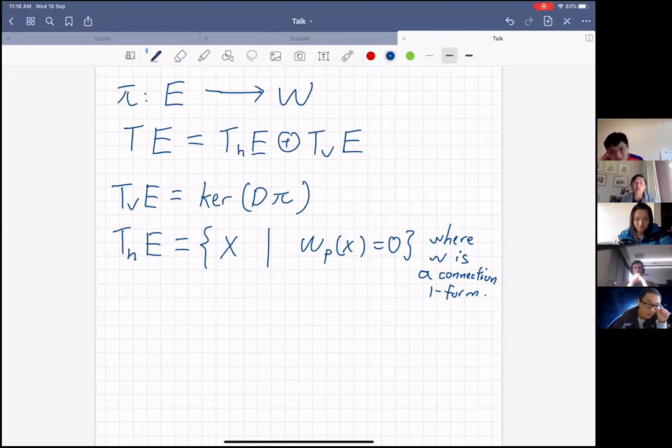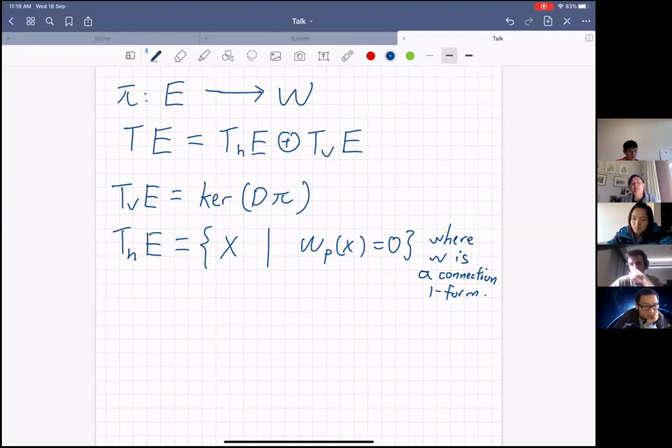Or do you need to choose one, or maybe there is one? Need to choose one. I think they have some condition that they want to choose, but they say you can always choose one. If E has a symplectic form, which is like, sometimes they call the symplectic manifold exact.